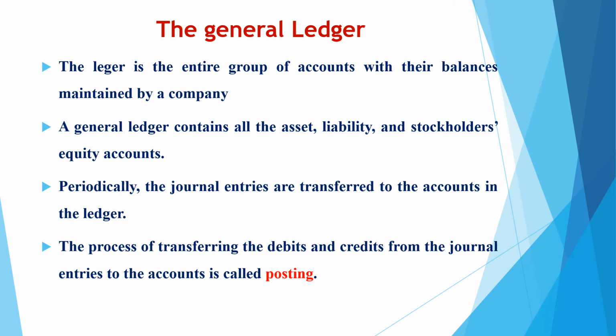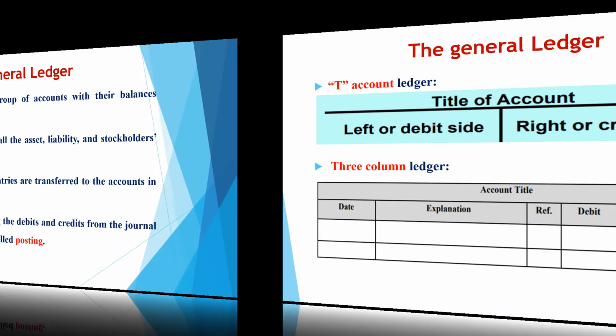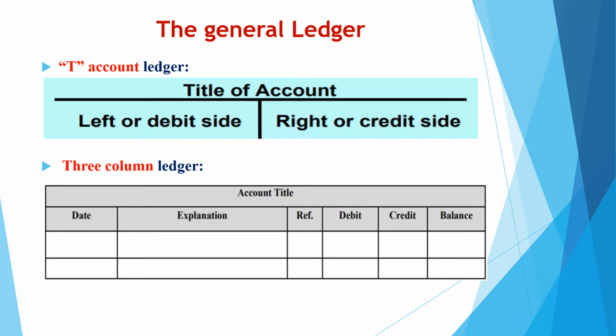Transferring the amounts from the debit and the credits of the journal to the general ledger is called posting. We have two types of general ledger. We have the T account ledger that was previously explained, and we have the three-column ledger. The T account has two sides, the left side or debit side and the right side or the credit side.